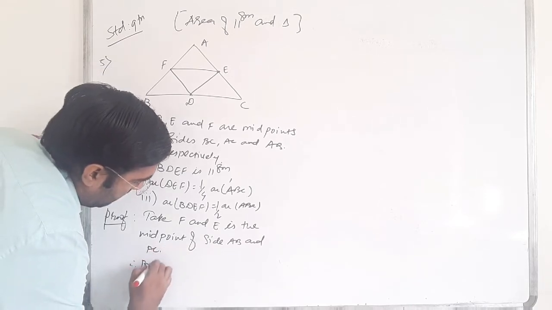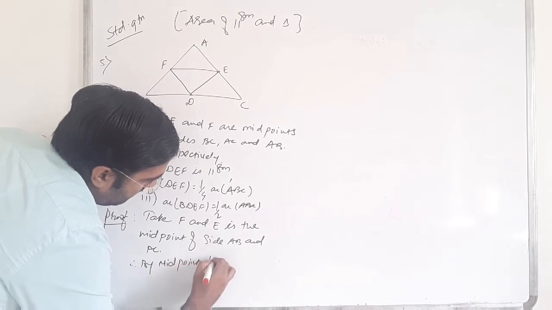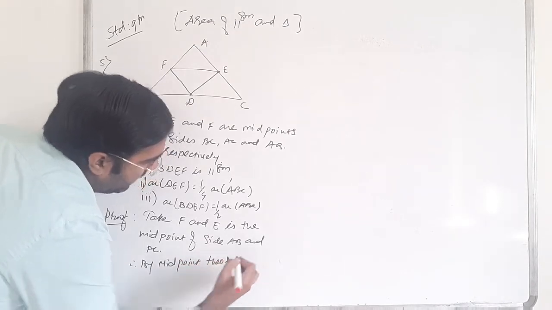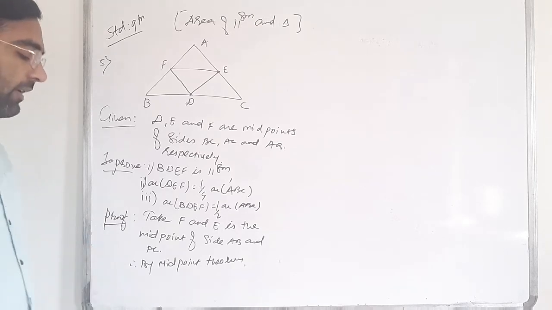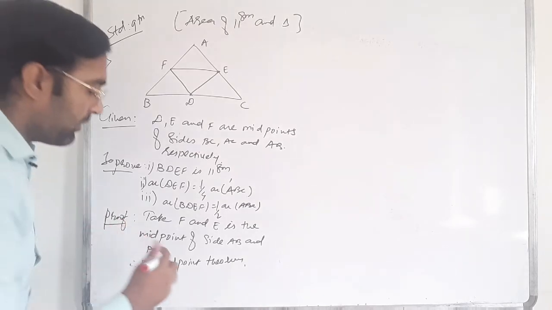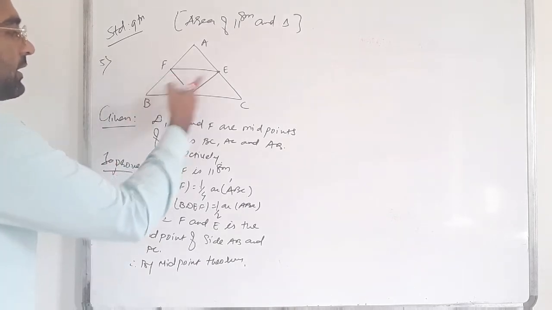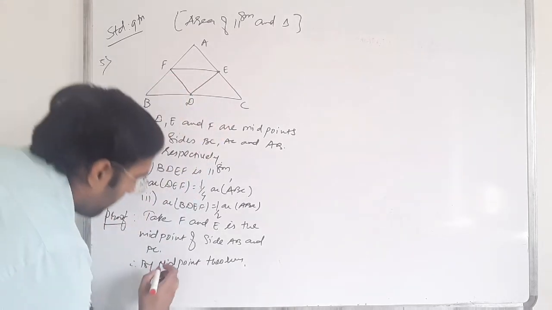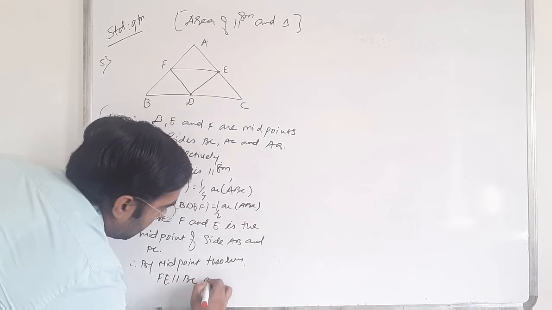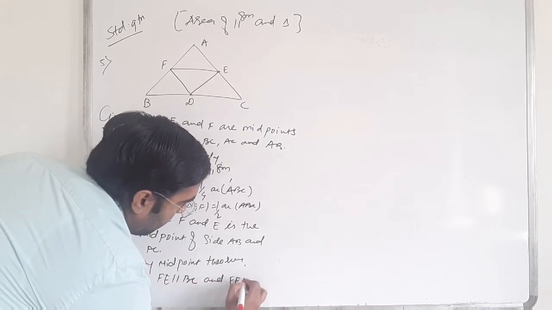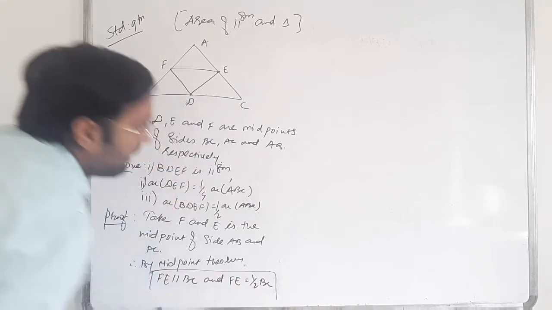Therefore, by the midpoint theorem, which we already learned in chapter number 8, FE is parallel to BC, and FE is equal to half of BC. Clear that?